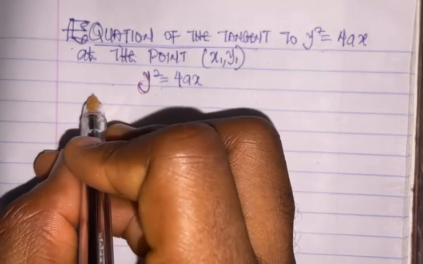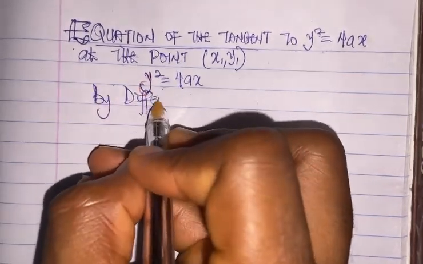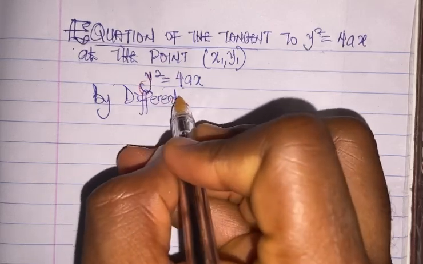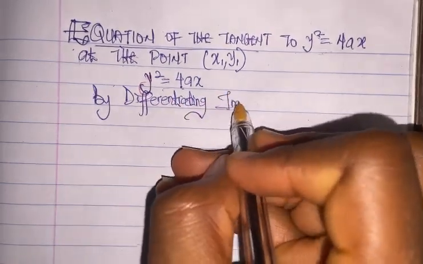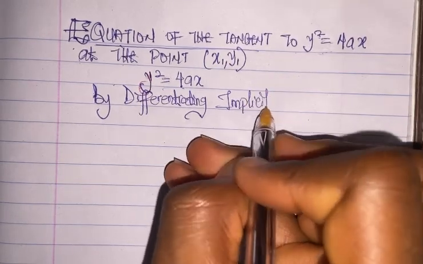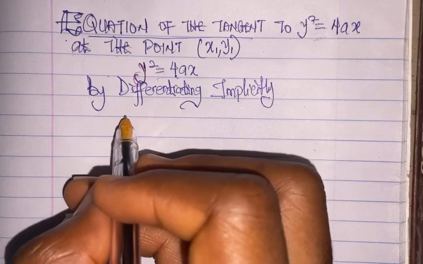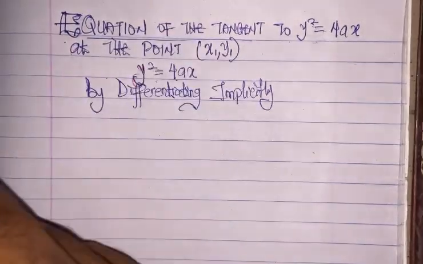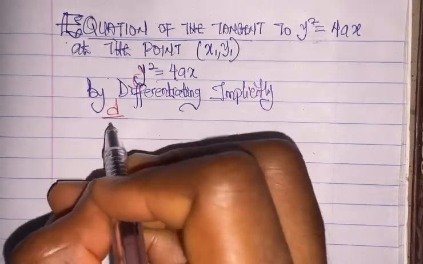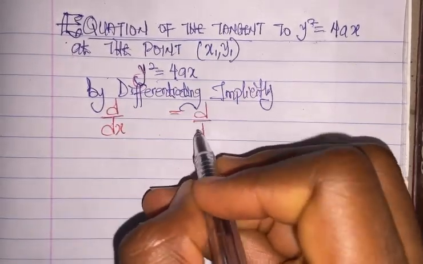So to differentiate implicitly, let me write it. When we differentiate implicitly, we are saying we are going to take d/dx of the left hand side and d/dx of the right hand side.